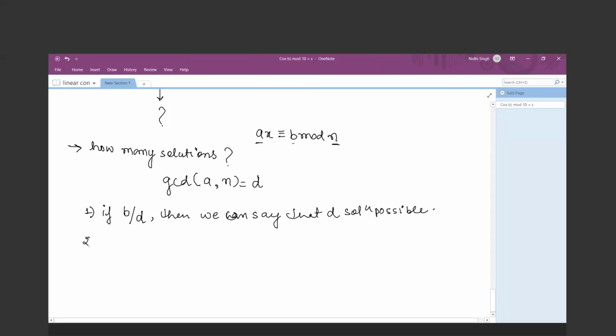Else, the second point, suppose if B does not divide by D, then we can say no solution.